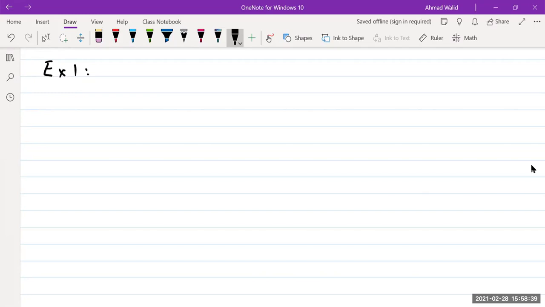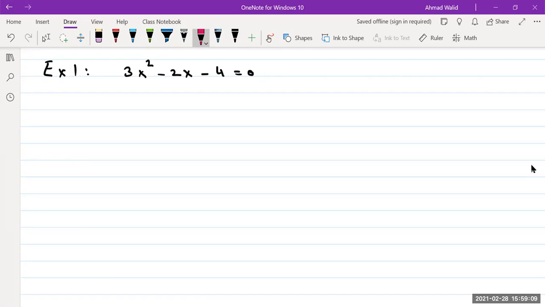Let me copy a problem from your book. 3x squared minus 2x minus 4 equals 0. Those of you who are really new with this topic, the first thing to do is identify a, b, and c.